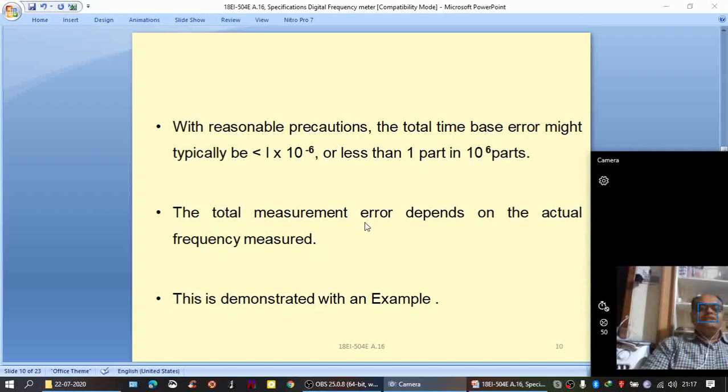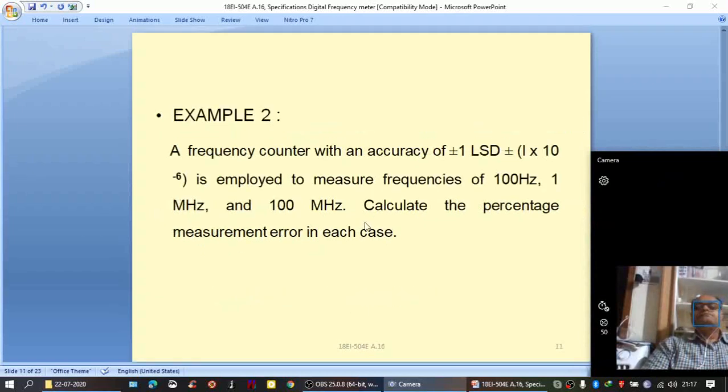Let us take a simple example. A frequency counter with an accuracy of plus or minus 1 LSD, that is plus or minus 1 into 10 power minus 6, is employed to measure frequencies of 100 Hz, 1 megahertz and 10 megahertz.